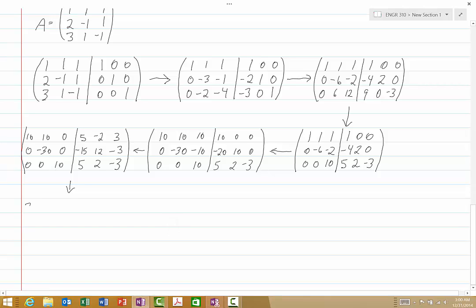So we'll get 30, 30, 0, 15, negative 6, 9, and then everything else I'll leave as it is. So 0, negative 30, 0, negative 15, 12, negative 3, 0, 0, 10, 5, 2, negative 3.